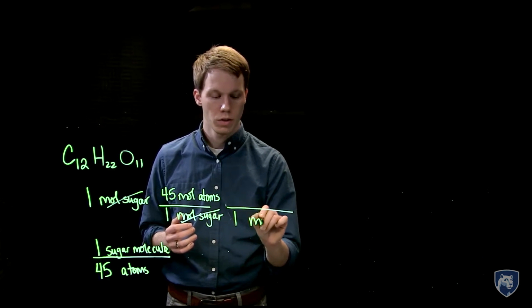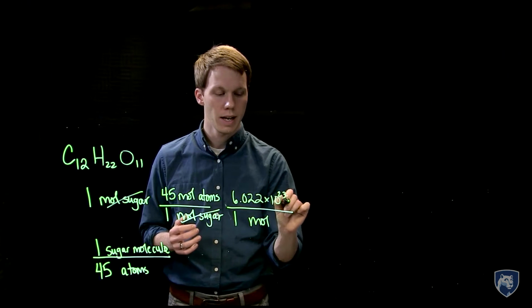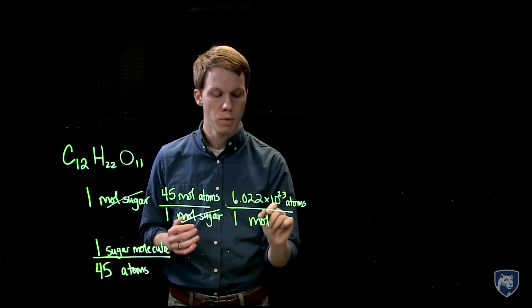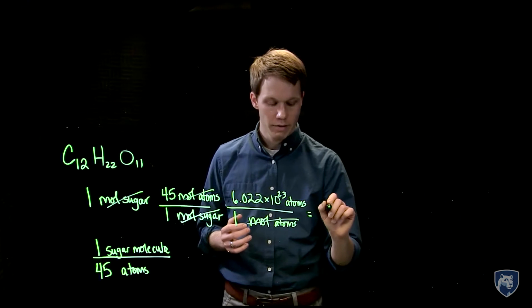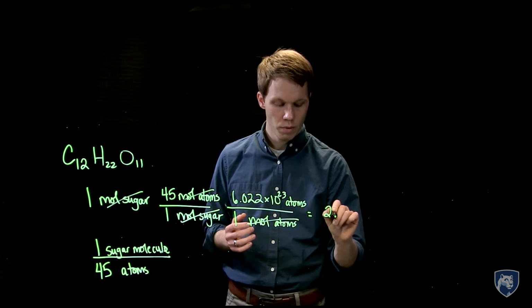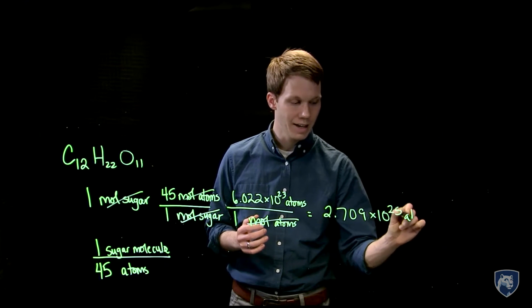So there's 6.022 times 10 to the 23rd atoms in 1 mole of atoms. So I have a total of 2.709 times 10 to the 25th atoms present.